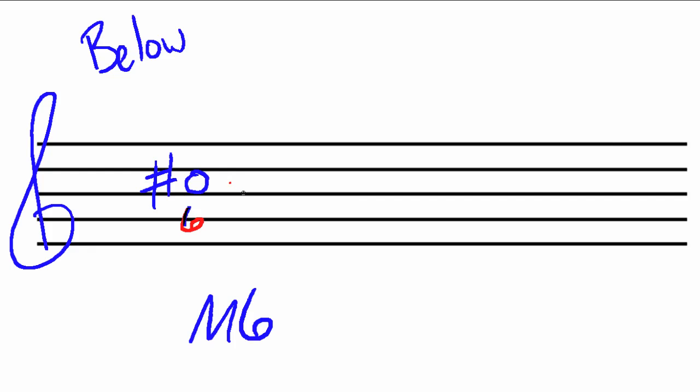So 6, 5, 4, 3, 2, F is 2, 1, E. And then just double check to make sure that we know that's a 6th. E to C sharp is a 6th, but is it a major 6th? Imagine that that is a major scale, E major scale. E, F sharp, G sharp, A, B, C sharp. So it is. So that works. C sharp to E is a major 6th.